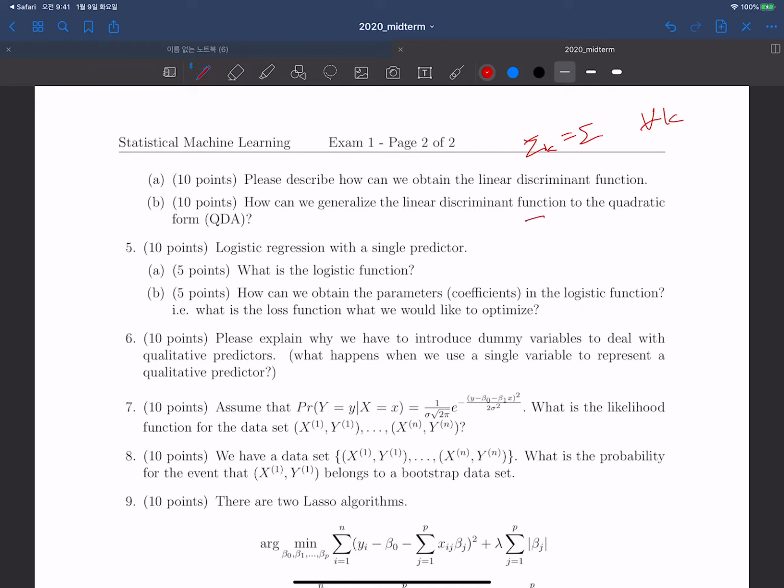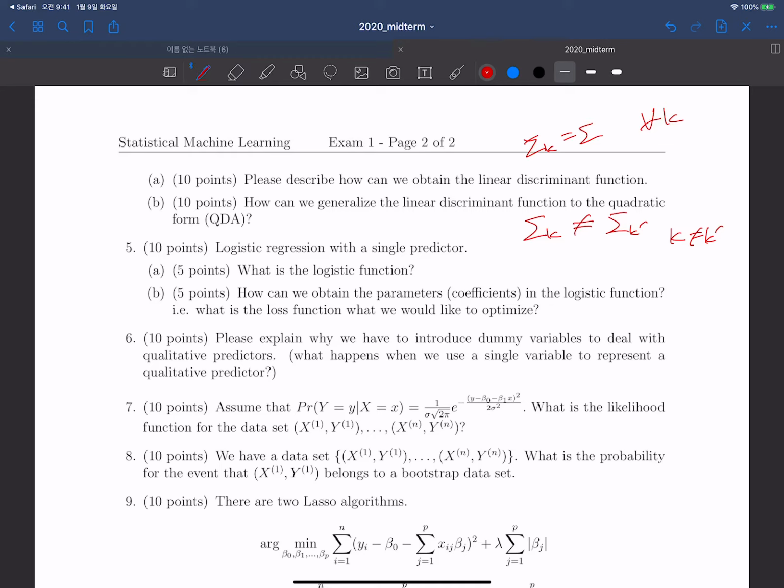On the other hand, if the covariance matrix is not the same but each class has its own covariance matrix, so sigma k is not equal to sigma k prime when k is not equal to k prime, then the discriminant function is not linear. Very simple, right?